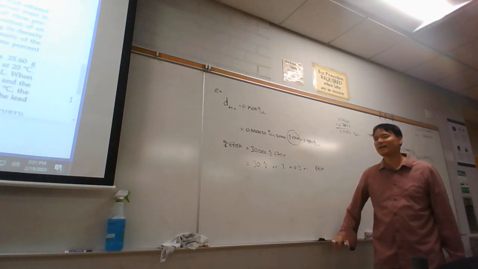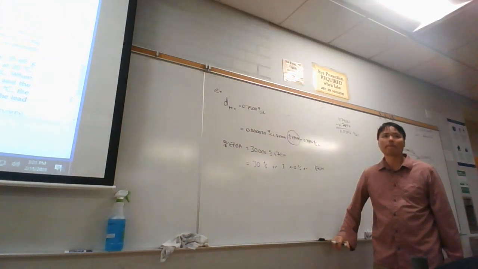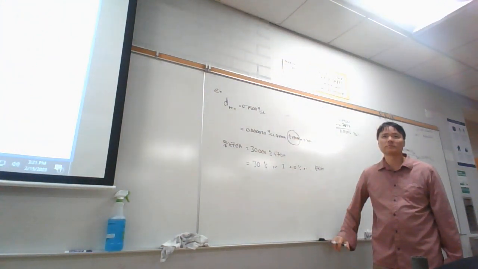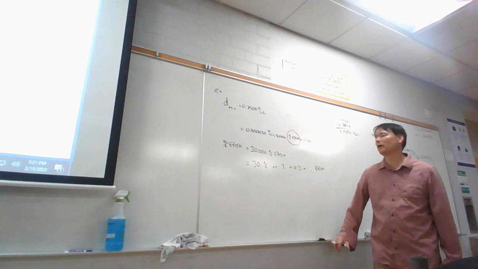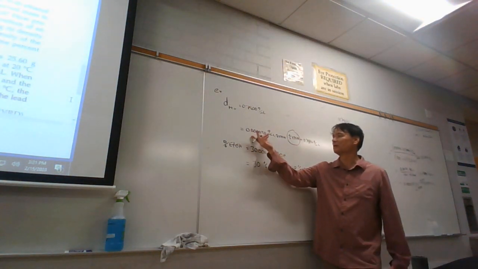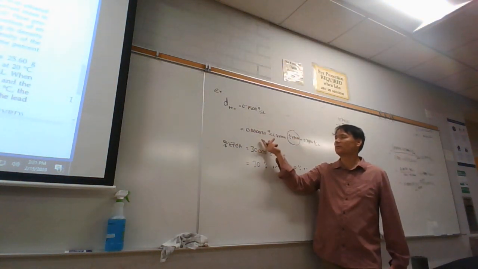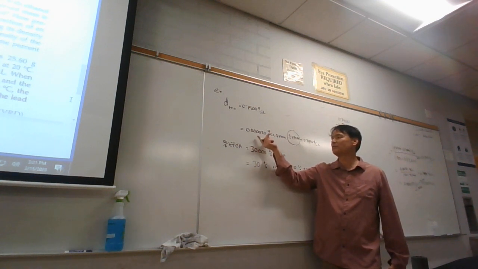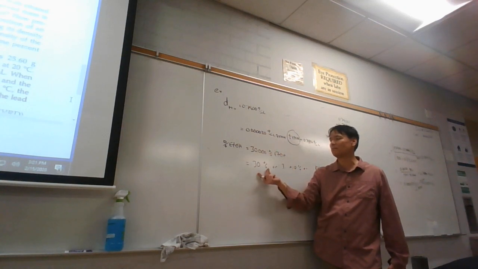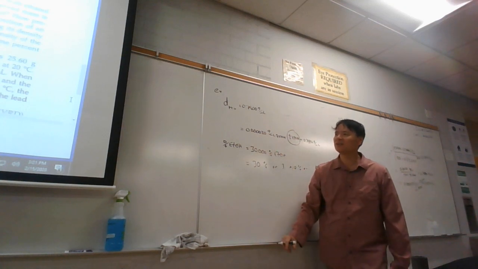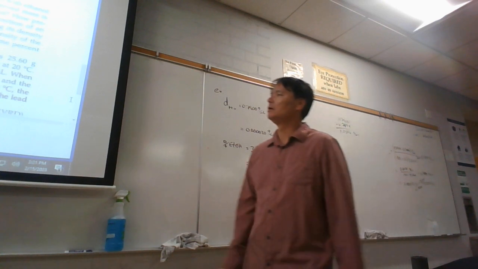Is that very precise? Not really. If there were a bigger difference between the density of ethanol and methanol, then I'd get more digits here. And if I have more digits here, then I get more sig figs here. And so the precision looks like it's about 1 sig fig.